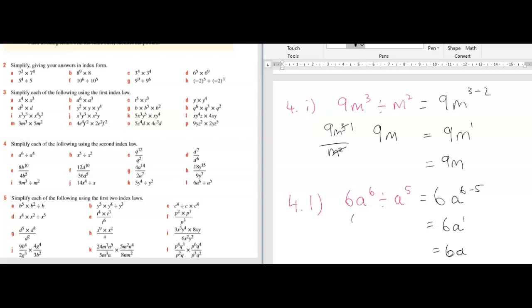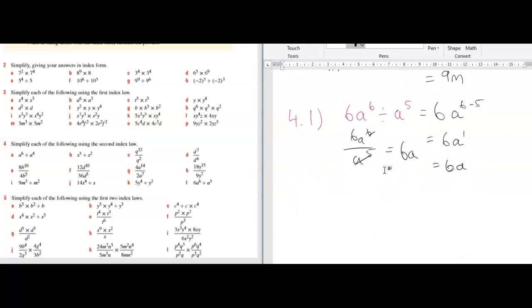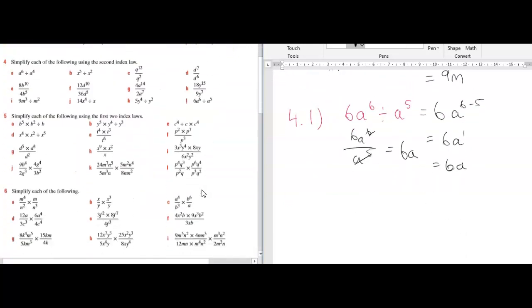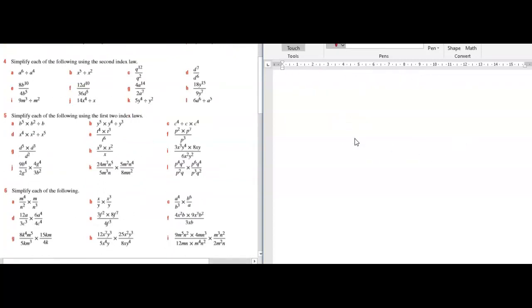Or if you wanted to write it as a fraction, you can. Okay, so that becomes 6a. So either way is fine. All right, let's do some questions from number 5. Scroll, scroll, scroll.